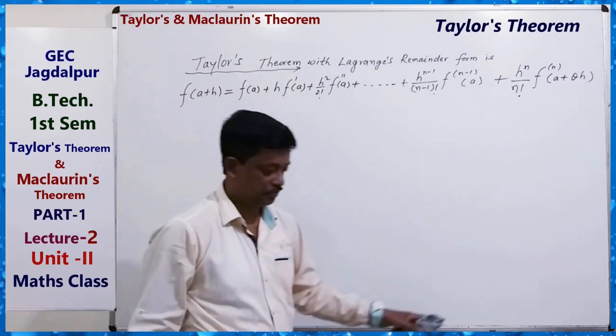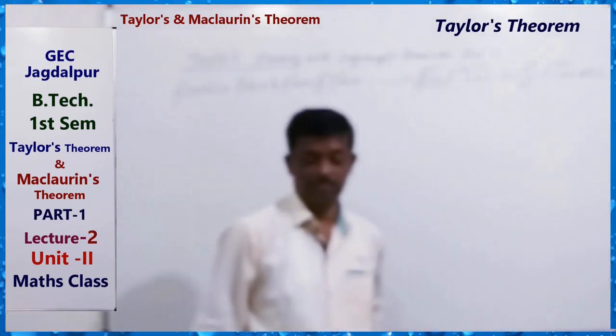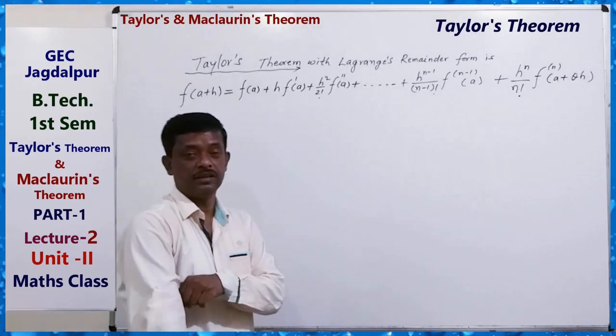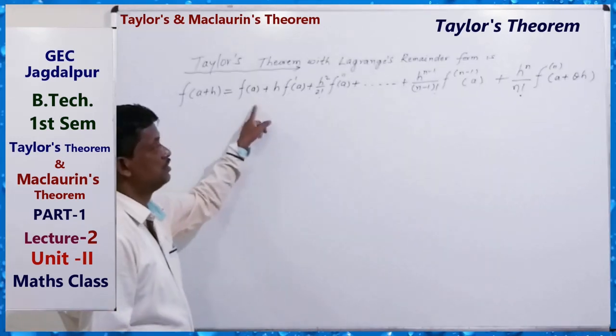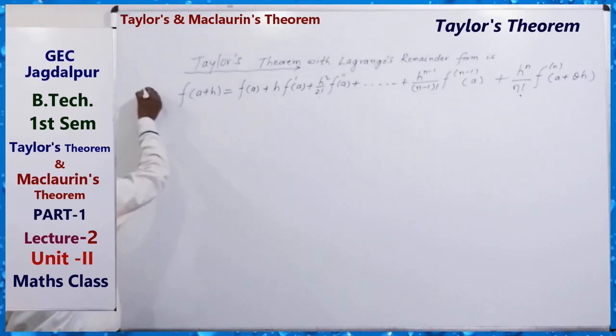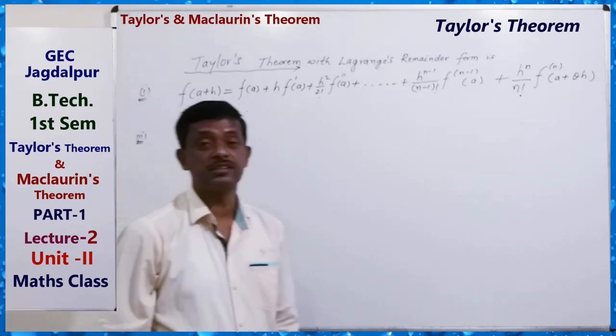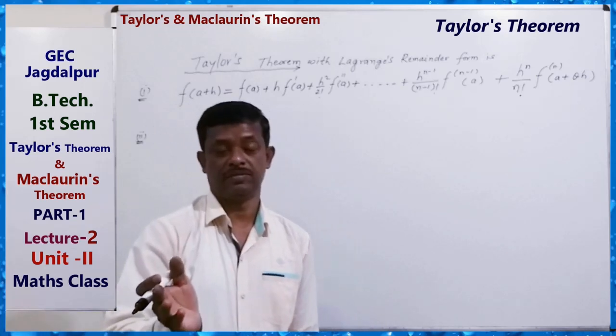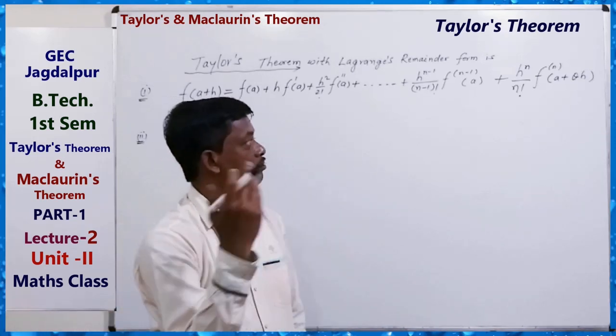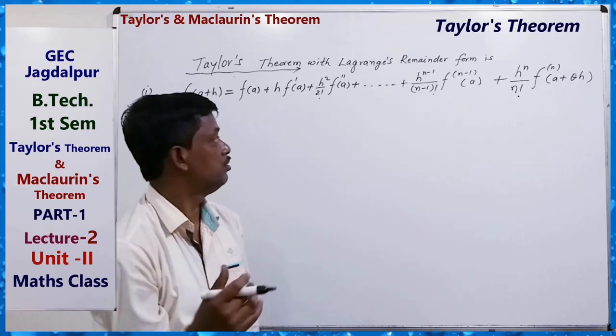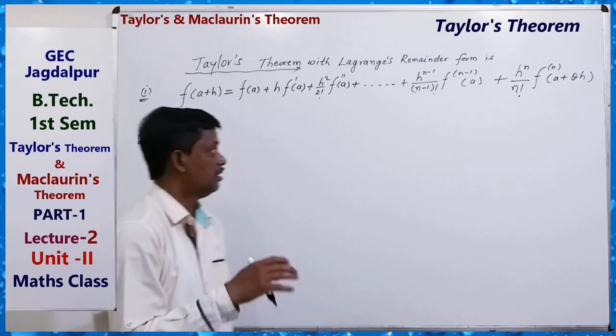Okay, this is Taylor theorem. Now just we have to see what is the other form. This is the first form. Second, Taylor formula. We can also say Taylor formula up to nth term for n equals n, and you can also write n equals particular terms.